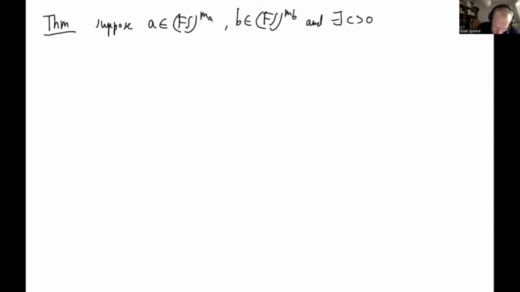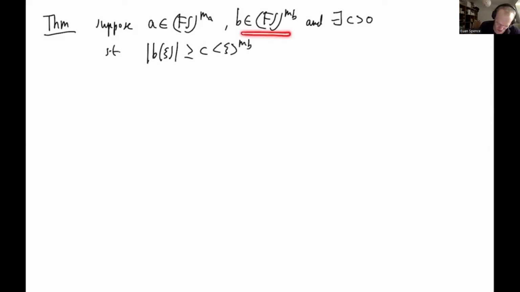What we really did was we said, suppose that I have a Fourier symbol A and a Fourier symbol B, and there exists a constant C greater than 0 such that B is bounded below by C times the angle bracket psi to its order.